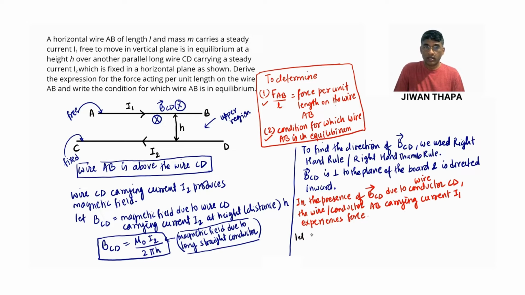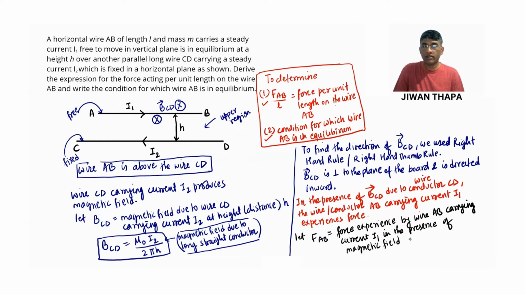So let FAB, this is force. I'm writing in magnitude, this is force experienced by wire or conductor AB carrying current I1 in the presence of magnetic field BCD produced by conductor or wire CD.